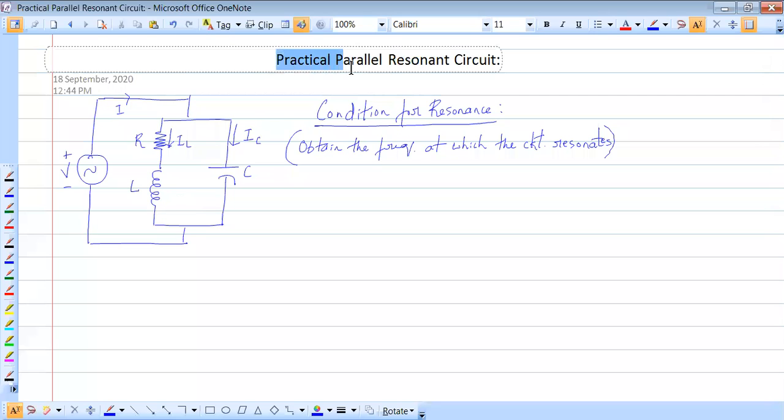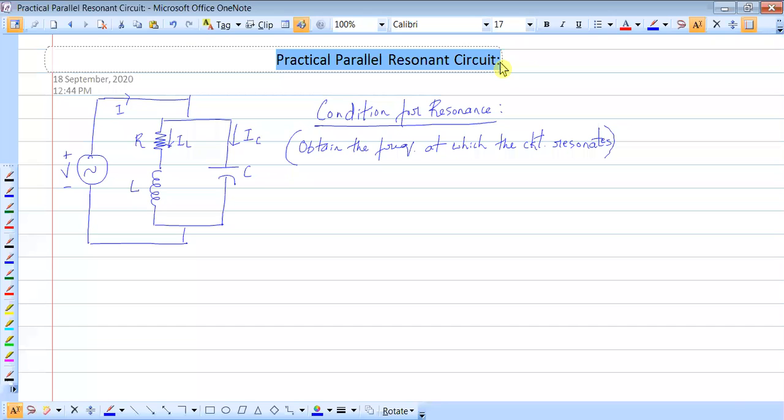Which parallel resonance circuit are they talking about? If they just say parallel resonance, it's about the theoretical circuit that we just saw. Now if they say practical parallel resonance, understand that R and L would be in series, and in parallel with that we'll have the capacitor. So this is your practical parallel resonance circuit.